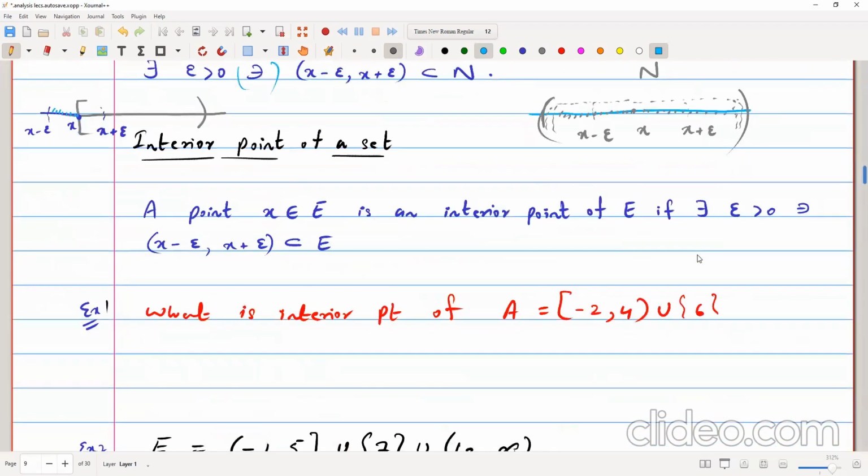Okay, then we want to talk about the interior point of a set.